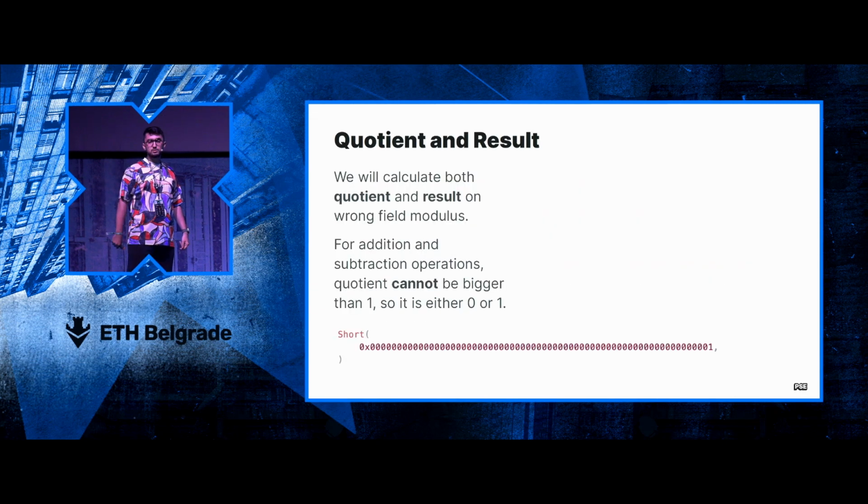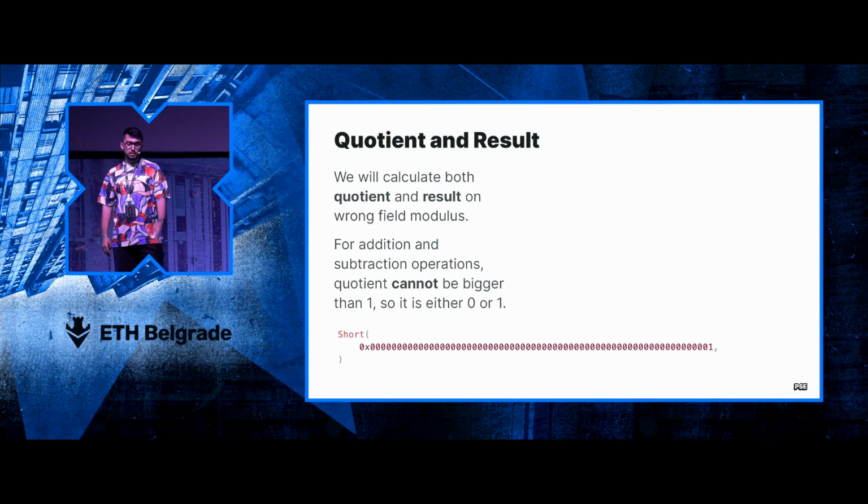So we can start with the coefficient and result. This is actually the easiest one to calculate. In addition and subtraction, the coefficient cannot be bigger than 1. There is a reason for that: if you take the maximum number and add the maximum number, you will wrap around the modulus just 1 time. You can't go more than 1.